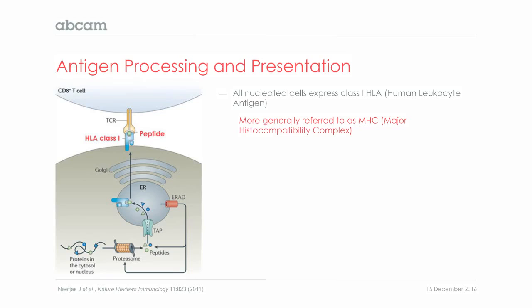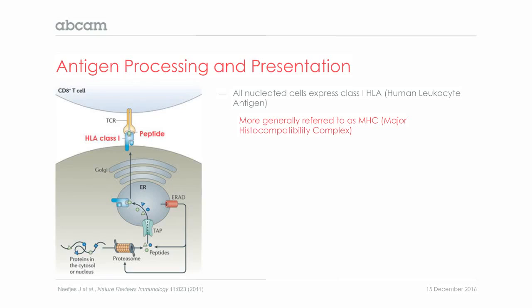And so when proteins in the cell are degraded by the proteasome, a fraction of the resulting peptides will be taken up into the endoplasmic reticulum via the TAP transporter, where they're loaded onto HLA molecules and sent to the cell surface. These peptide-HLA complexes serve as a way for the immune system, specifically T cells, to sample the contents of that cell and determine if that peptide is a self-peptide or a foreign peptide.